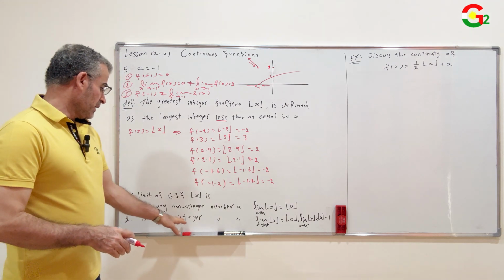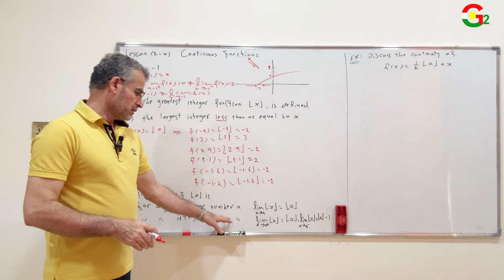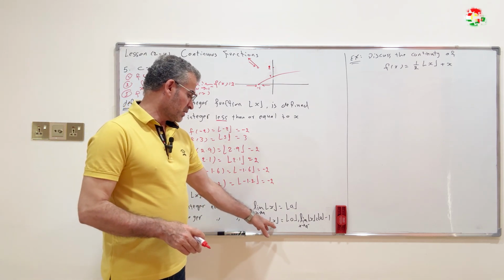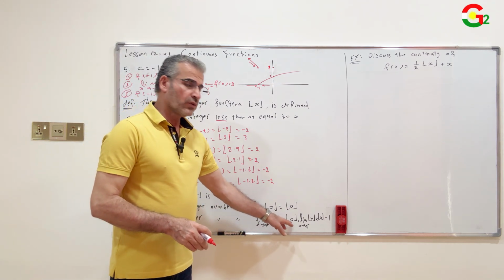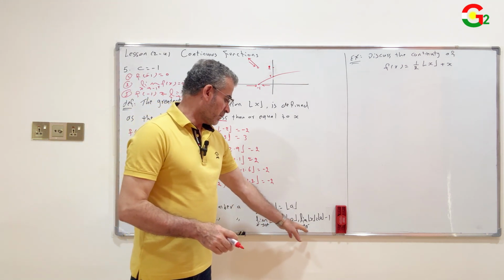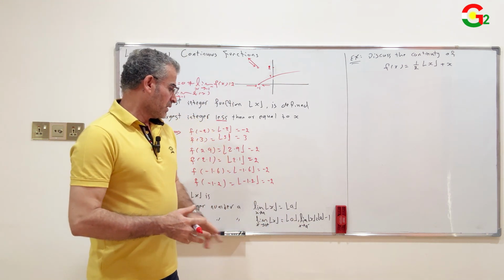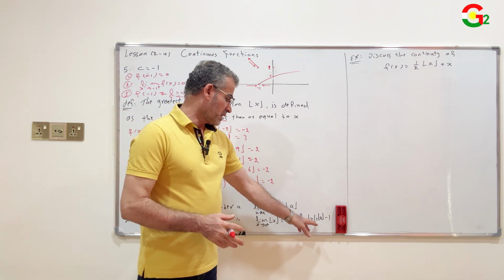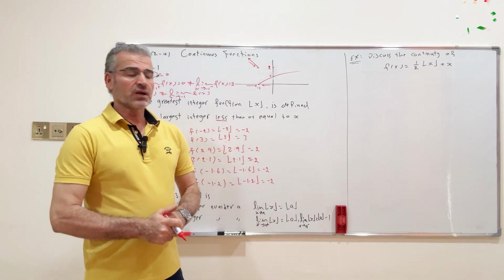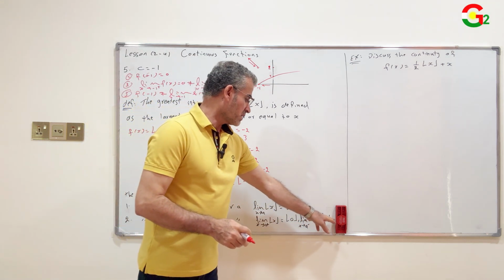For any integer number a, the limit from the right for the greatest integer x equals the greatest integer of a. But the limit when x approaches a from the left for the greatest integer function of x is the greatest integer of a minus 1.